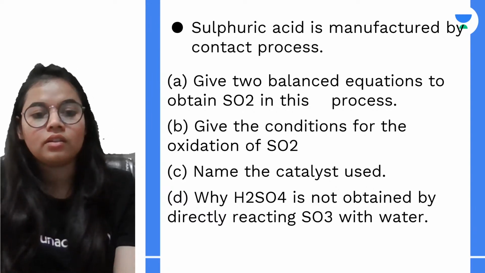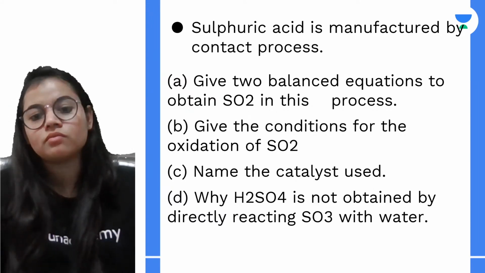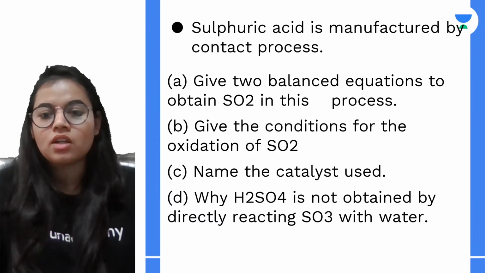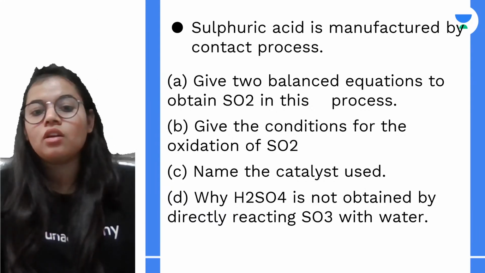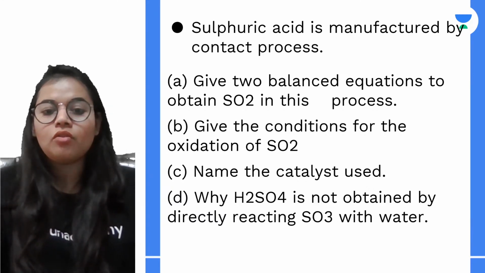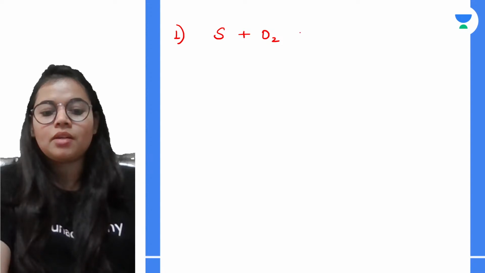What are those compounds from which we can get sulfur dioxide? So the first one, as we just studied, is sulfur. We can obtain it by oxidation. What will we get?